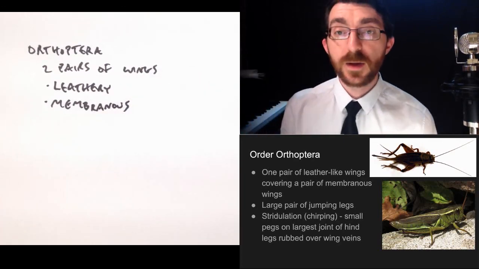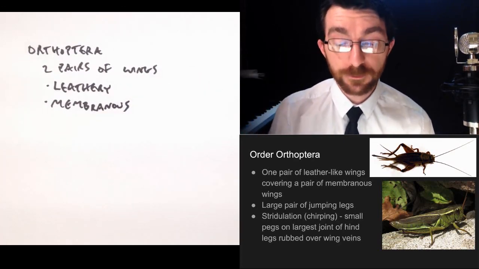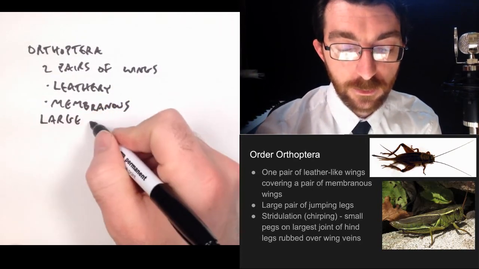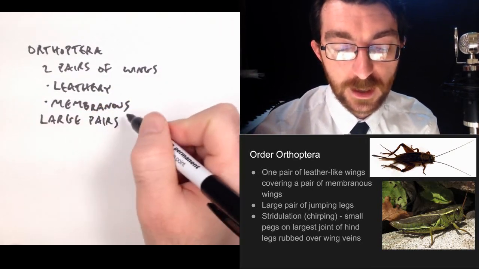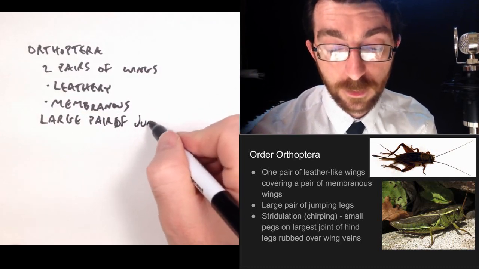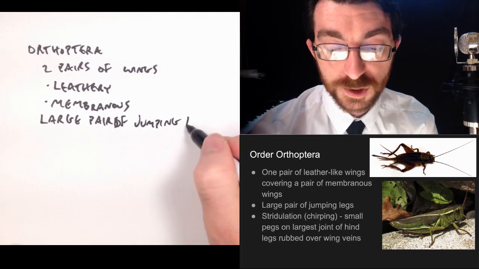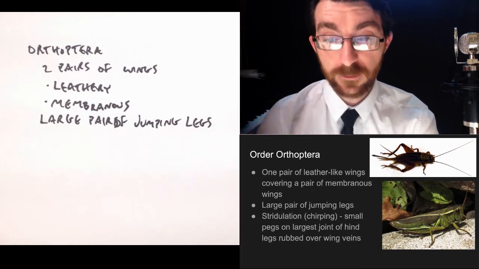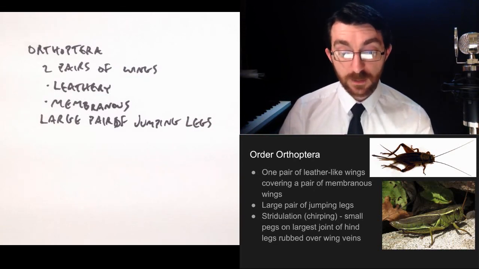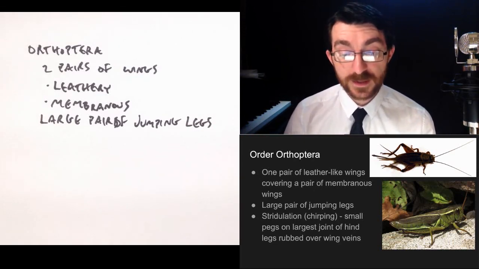Okay, so they also have a large pair of jumping legs. And this if you know anything about crickets and grasshoppers. Large pair of jumping legs. So these are the unique characteristics of an insect in order Orthoptera.